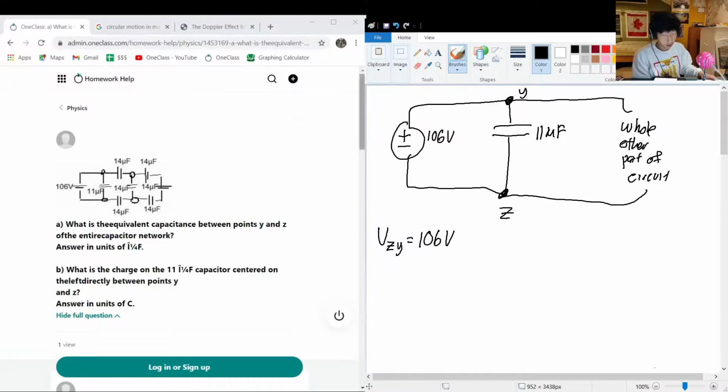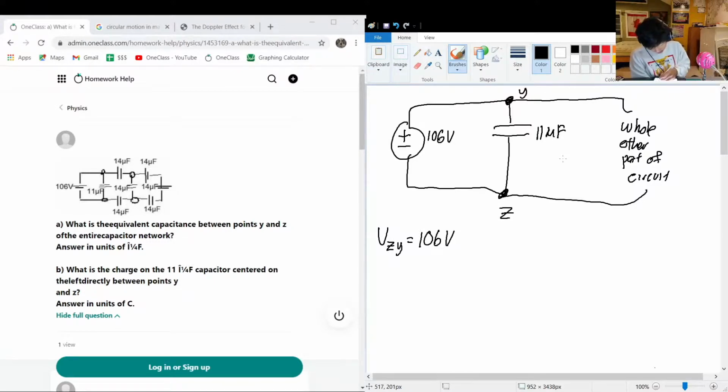As it's very clear on the voltage source side, there also has to be 106 volts of difference across the capacitor and across the whole right side of the circuit here, which is not particularly relevant. That's going to be 106 volts as well.